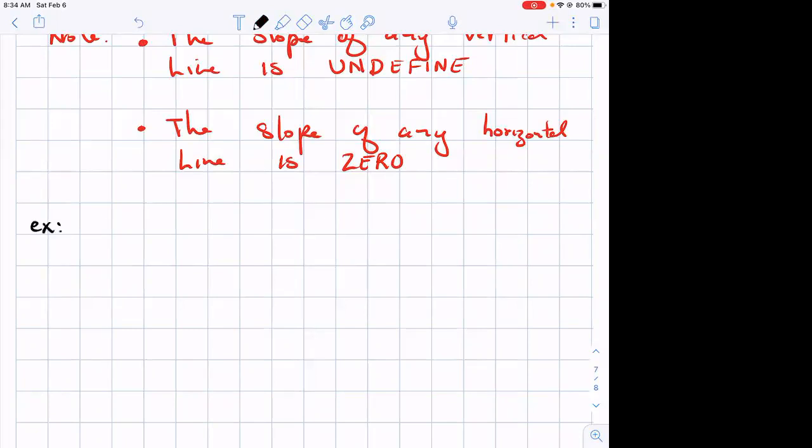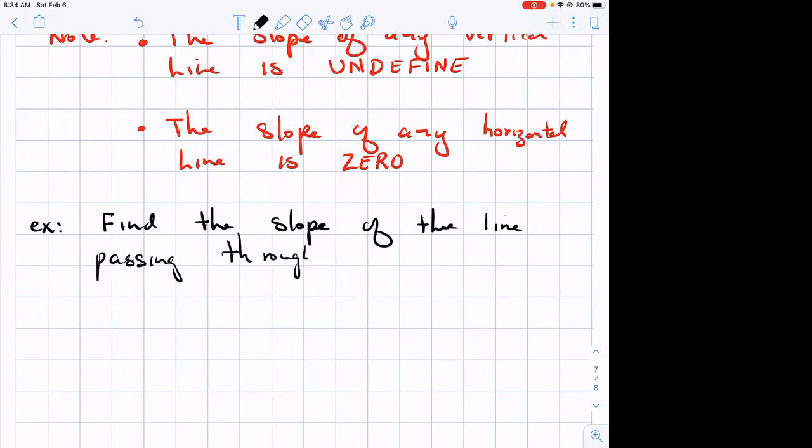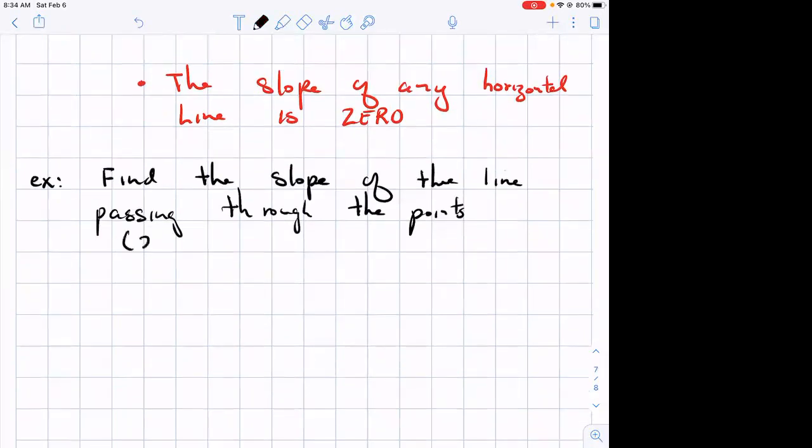Example, find the slope of the line passing through the points 2, -3 and 4, -3.